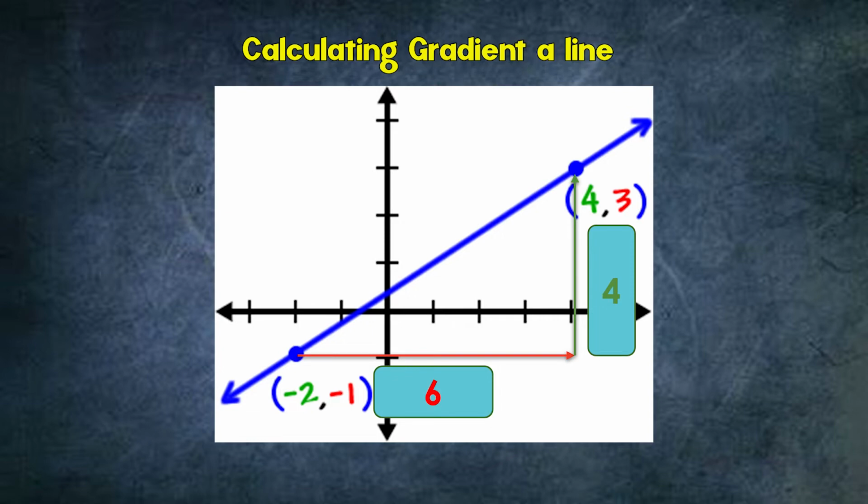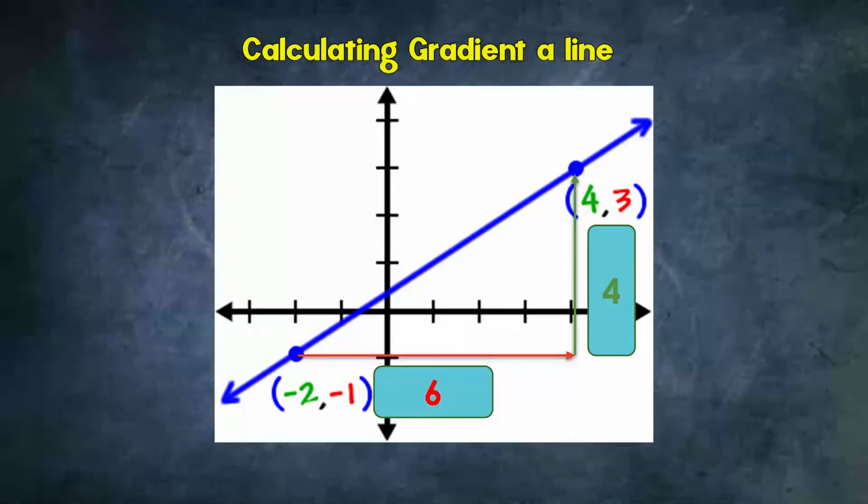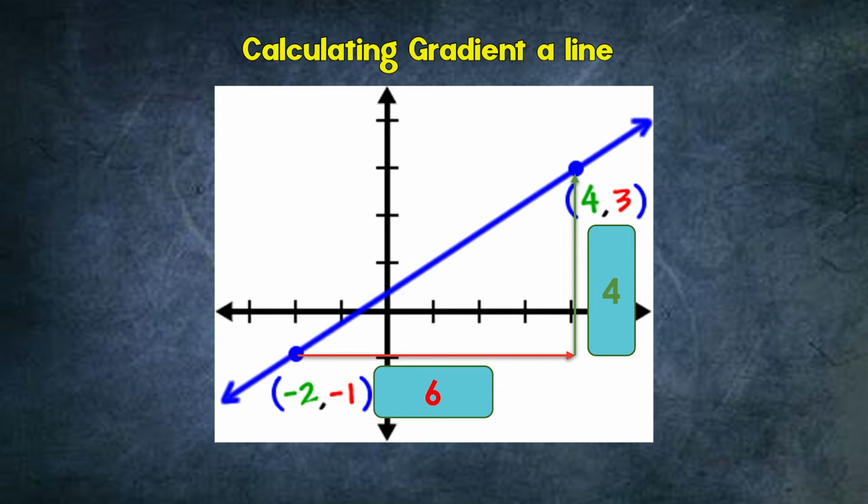Next example. On this line, the 2 points identified are (-2, -1) and (4, 3). In order to move from the first point to the second point, we move on the x-axis first, and in this case, we're moving to the right. That means the value is going to be positive or negative? Positive.